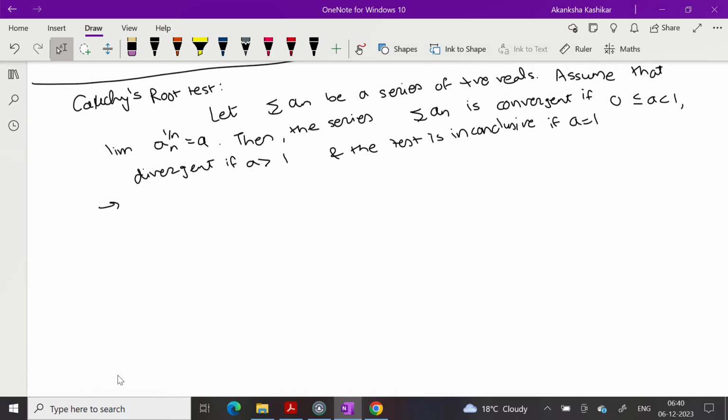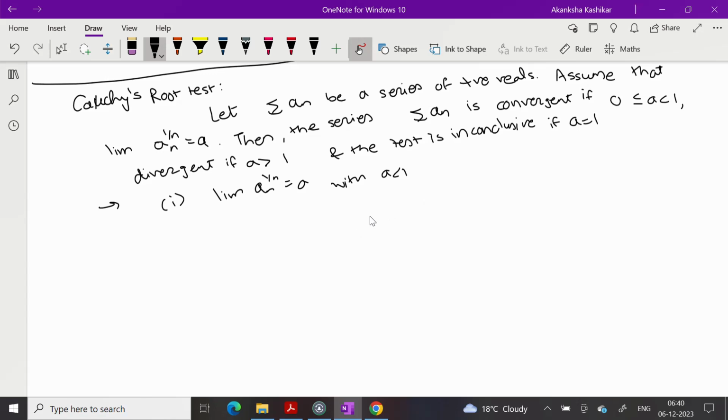Let us first prove this criterion. Suppose we have limit a_n raised to 1 by n equal to a with a less than 1. Then we have to prove that it converges. We will again use a slightly similar trick.